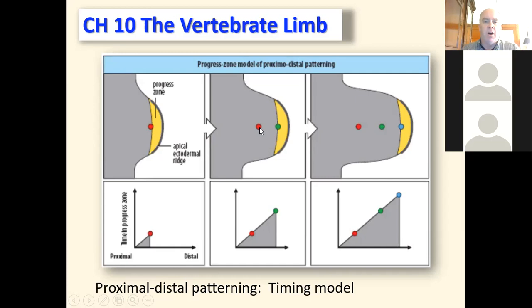That's the timing model. So cells that only saw a few cycles of that clock will end up being proximal. And the cells that have seen the most cycles of that clock end up being distal. And we know this clock model works in other places, like in the node during neurulation. So we know these clocks can work. So this is one model.